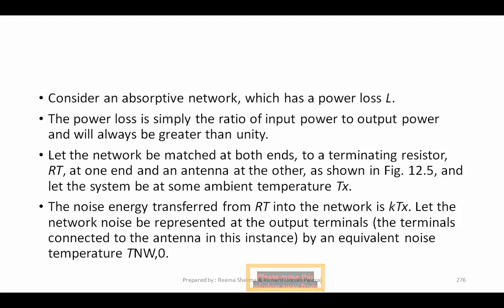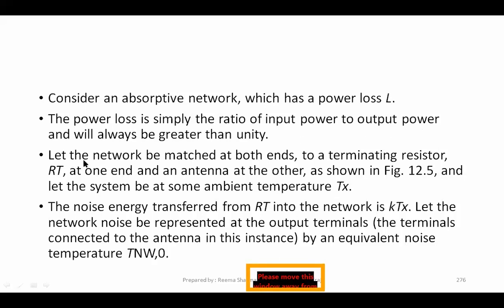But if I'm giving a higher value and getting a lower value, then there is a loss. So I can compare that when I put them in the form of a fraction. At the numerator I will have the input power, and at the denominator I will have the output power.